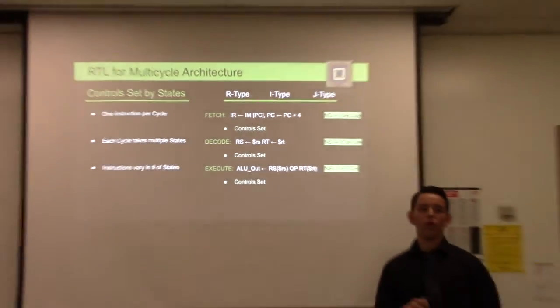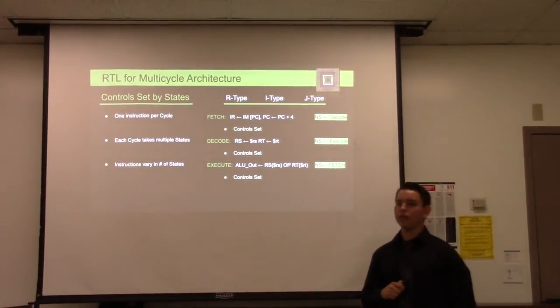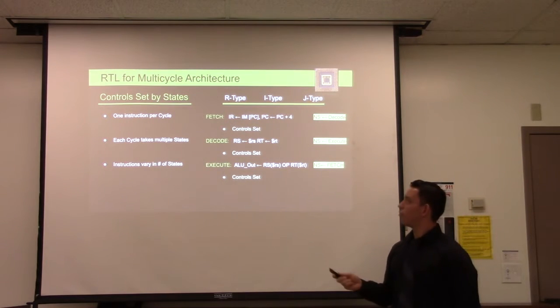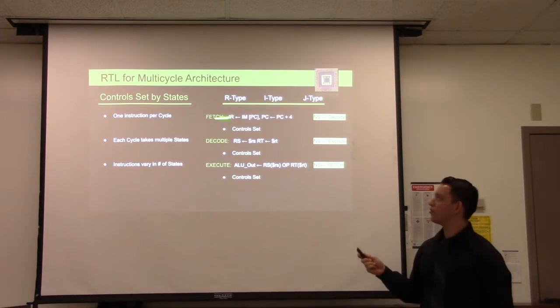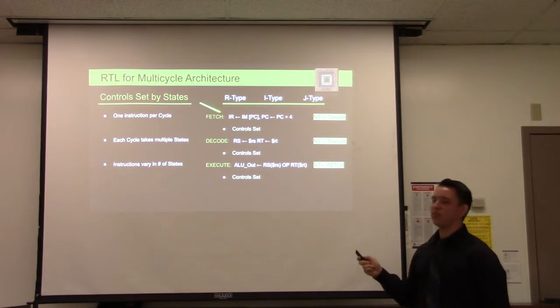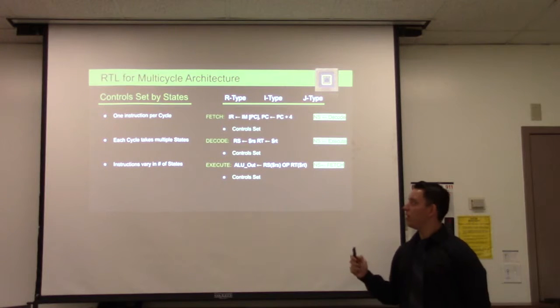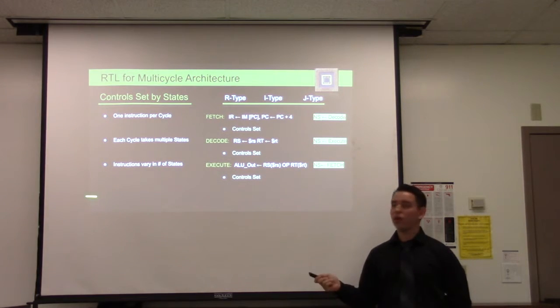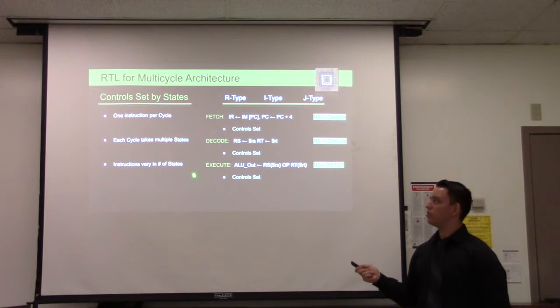Now, our control unit is a multi-cycle architecture. For the multi-cycle controls, one instruction is completed per cycle, and each cycle takes multiple states. Depending on the instruction, they vary in state length.